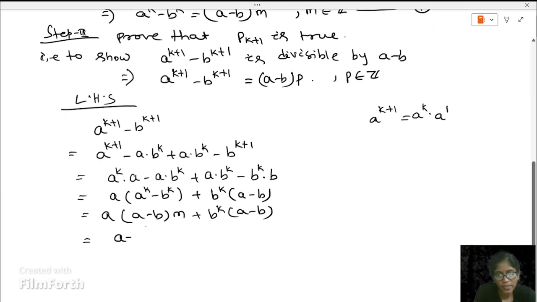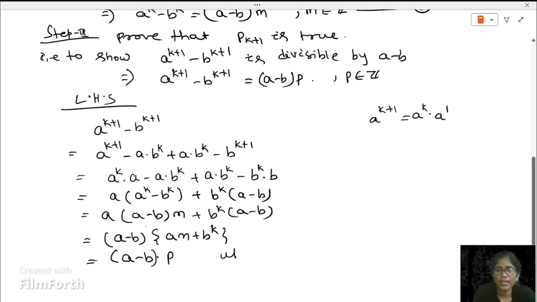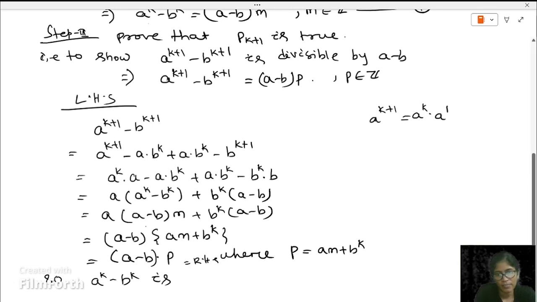Taking a minus b common from both terms, which equals a minus b times am plus b to the power k, which we can write as a minus b into p, where p is equal to am plus b to the power k. Okay. So, hence, a to the power k plus 1 minus b to the power k plus 1 is divisible by what? A minus b. Okay.